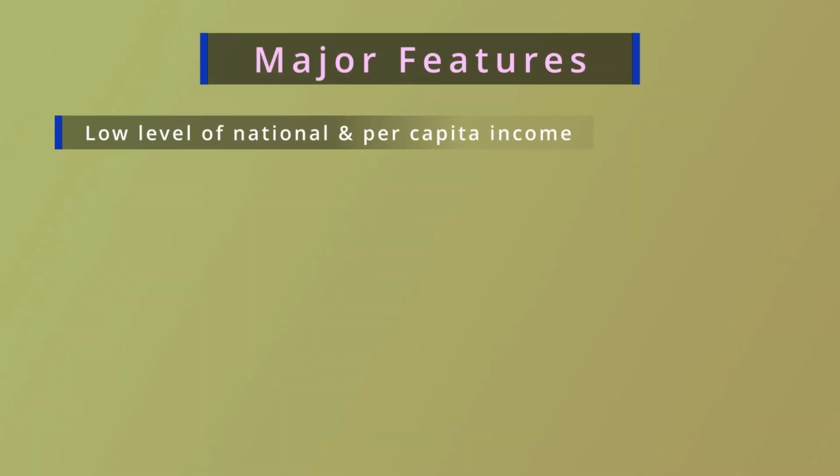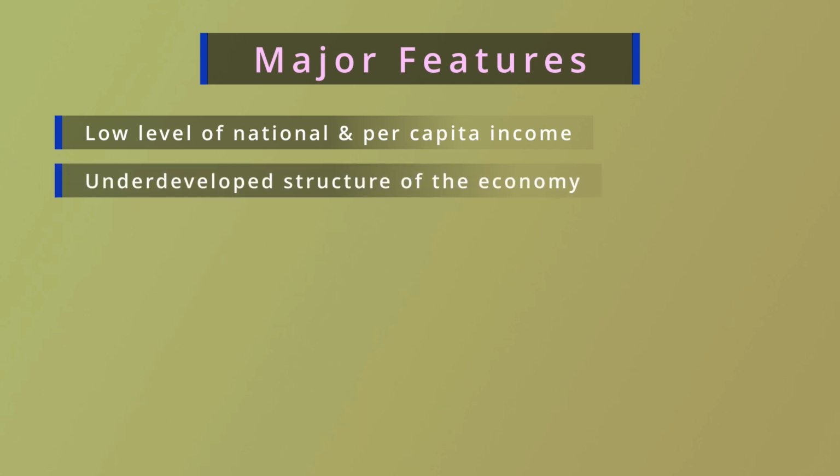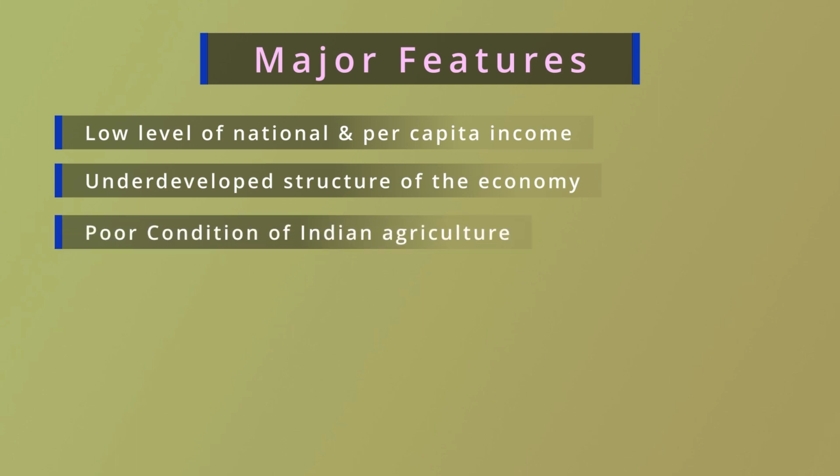Now, the major features which we want to discuss here are: number one, the low level of income and per capita income of the Indian economy at the time of our independence. Number two, the underdeveloped structure of the Indian economy. Number three is the poor condition of Indian agriculture.